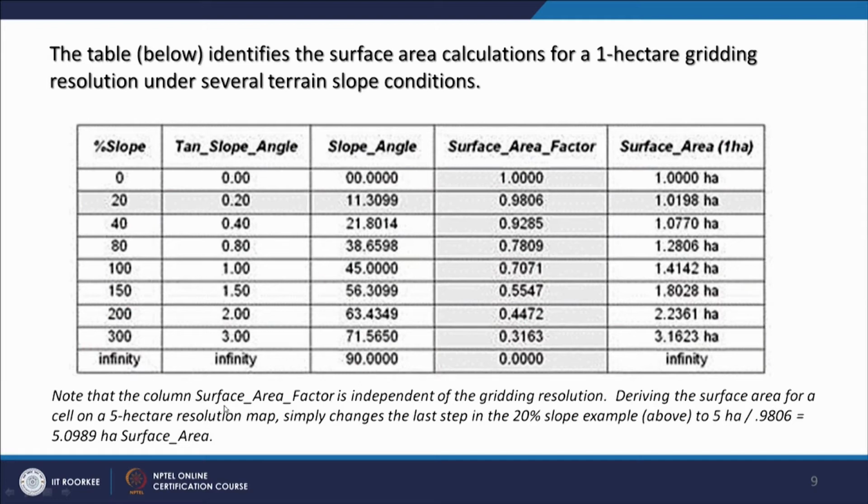The column here, the surface area factor, is independent of grading resolution, that is, independent of the spatial resolution of the digital elevation model, and deriving the surface area for a cell on a 5 hectare resolution map simply changes the last step in the 20% slope example here.